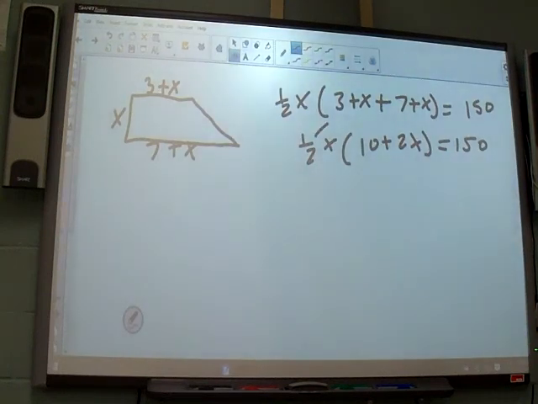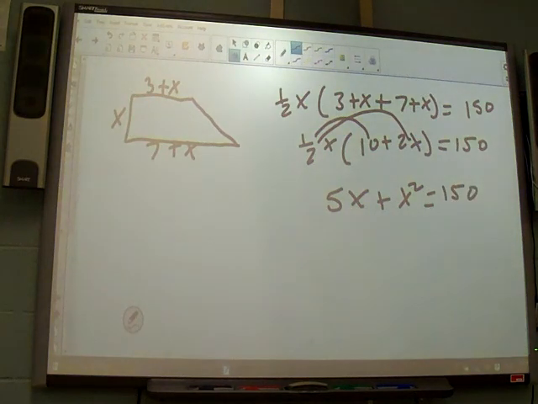Well, no, you're not, because a half times 10 is 5, and it's got an x. And a half times 2 is 1. x and x is x squared. So you almost now have a quadratic in standard form. Move that 150 over and put these in the right order: x squared plus 5x minus 150 is equal to 0.